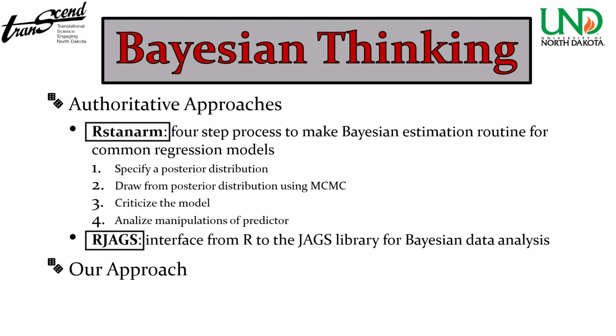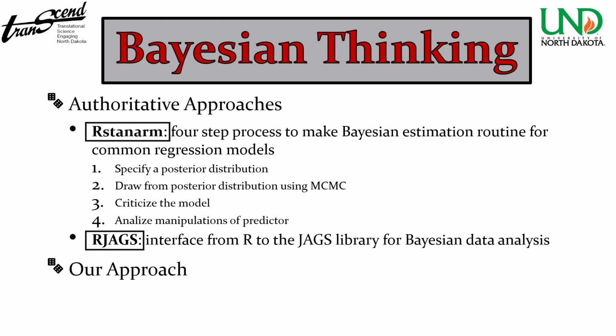It's a four-step practice to make Bayesian estimation routine for common regression models. You get a posterior distribution, you draw from that distribution using MCMC, Markov chain Monte Carlo, you criticize that model, and you analyze manipulations of the predictor to see a best-fit model.